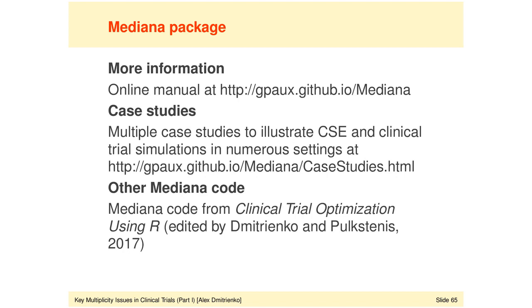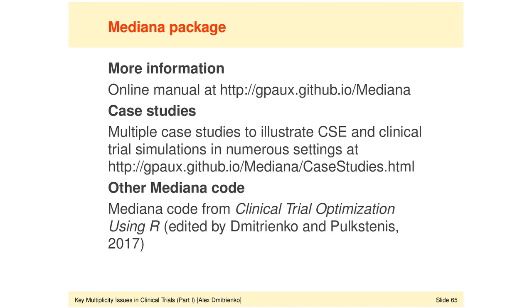You will find, as I said, several useful case studies that illustrate clinical scenario evaluation and clinical trial simulations in general, and they will help you understand the package's numerous options. The settings considered in these case studies include simple trial designs and analysis strategies. For example, a trial with 2 treatment arms and a single endpoint, but the primary endpoint could be normally distributed, could be binary, could be time to event with or without censoring.